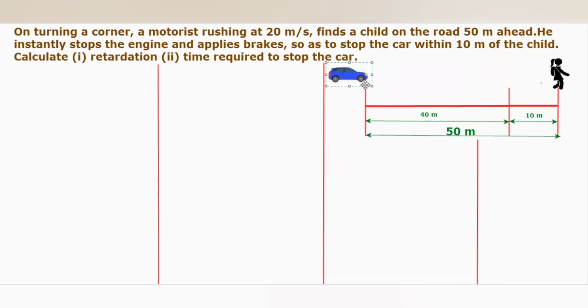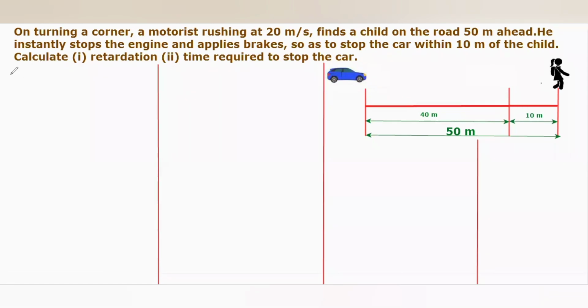He finds the child on the road 50 meters ahead. He instantly stops the engine and applies brakes. So finally the car will be stopped, 10 meters ahead of the child. So we have to calculate the retardation and time required to stop the car in this numerical. Okay, so we'll go to the numerical.